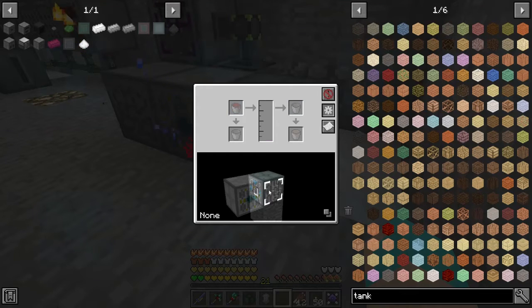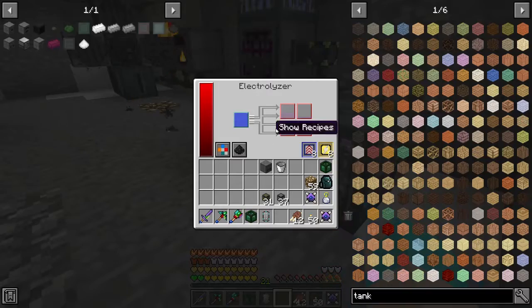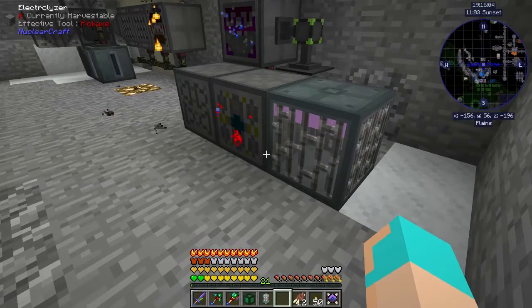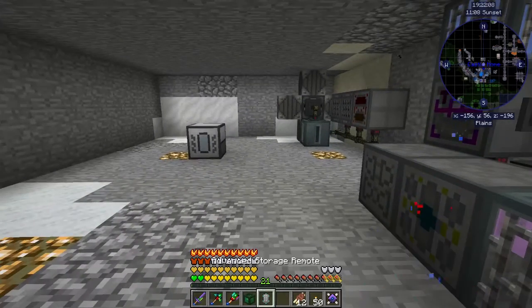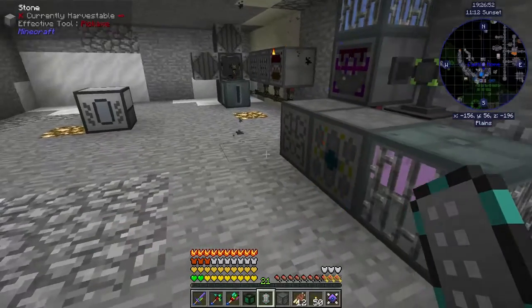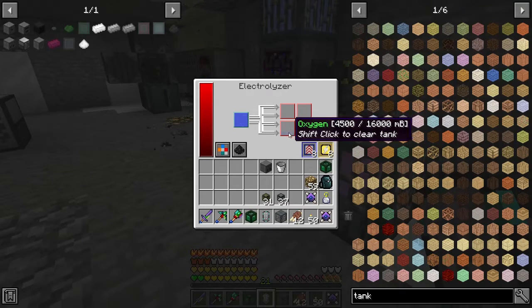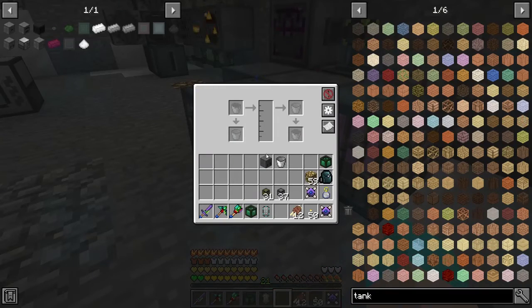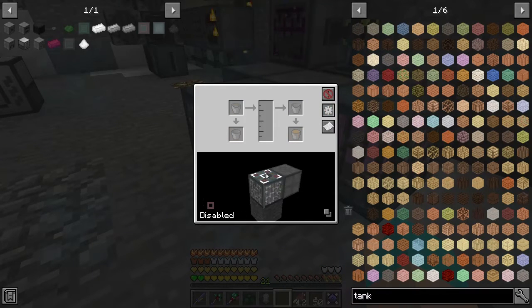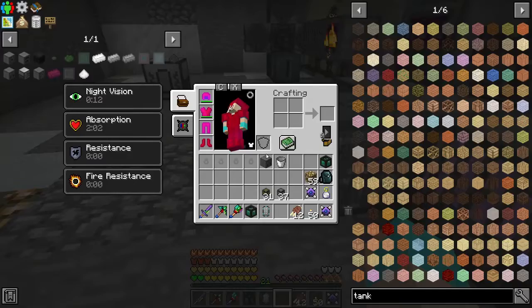Pull. Not hydrogen. Hydrogen is not what I said. Okay. So, tank. Deuterium. Alright. Another tank.